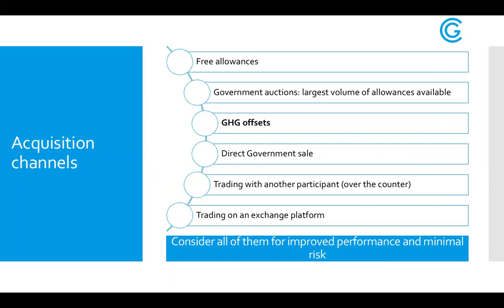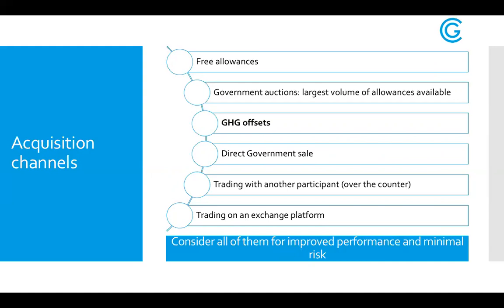Now, for the second topic of this webinar, we will speak about GHG offset credits. GHG offset credits are one of the types of allowances that can be used to comply with the cap and trade obligations for market participants, and is one of the various acquisition channels of allowances. So some of you have received free allowances from the government.